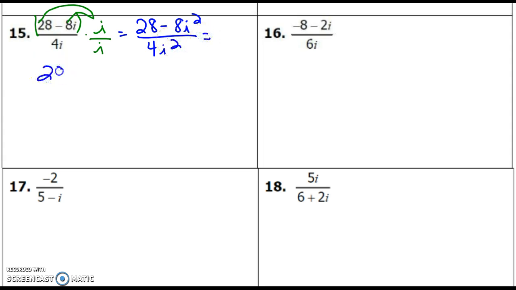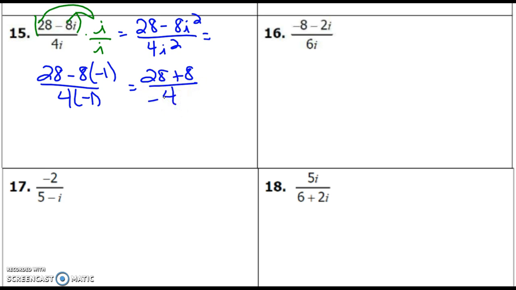So we're going to get 28 minus 8 times -1 over 4 times -1. 28 plus 8 all over -4. So let's see if we can simplify that. 28 plus 8 would be 36 over -4, -9.